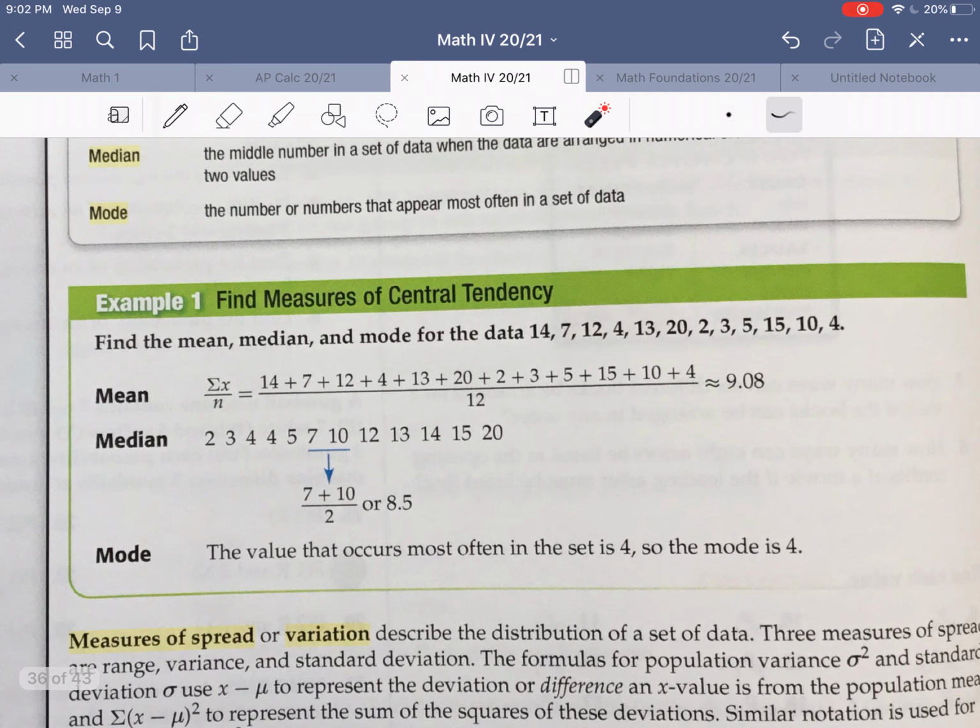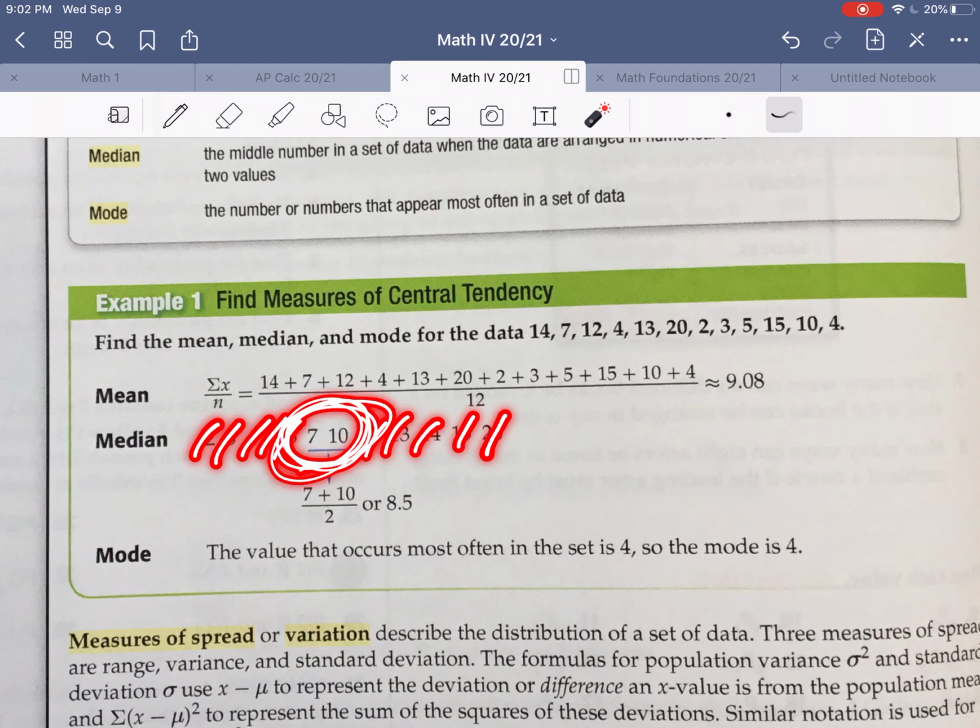So looking at this data set, this is what I mean by the mean. You literally just add all the numbers up, and apparently there's 12 numbers, so you divide by 12 and you get 9.08. So that is your mean. The median is the middle number, but in this set of data, we actually have 12 numbers, which is an even number. So you can cross off 5 on each side, and you get down to your middle 2 numbers.